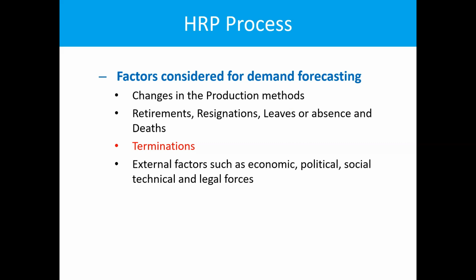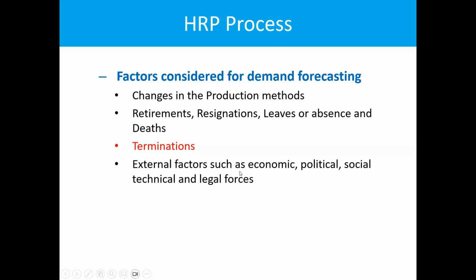If you take, for example, Vega, Sri Lanka, now it's not done in automation, right? So in that case, we need more people. Then retirements, resignations, leaves, absence, sudden deaths, terminations, all these create vacancies. And in order to fill the vacancies, obviously we need more people, right?